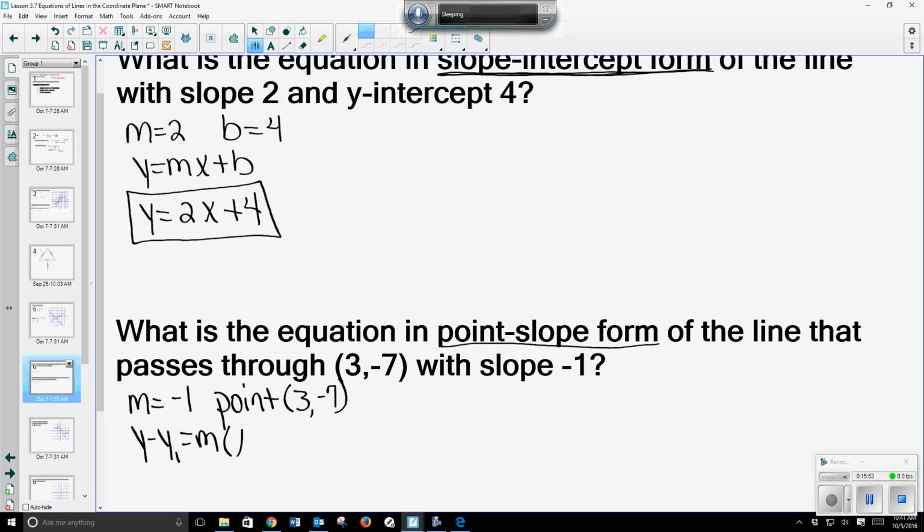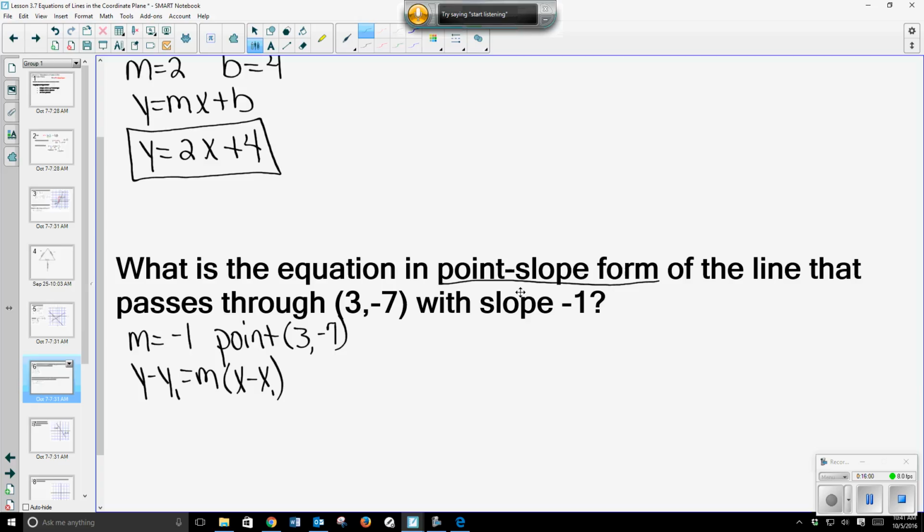You need to write the formula every time you use it so you'll memorize it. So this is x sub 1, y sub 1. So that's y minus -7 is equal to, the slope is -1 times x minus a +3. Just plug into those three places: y sub 1, x sub 1, and the slope.